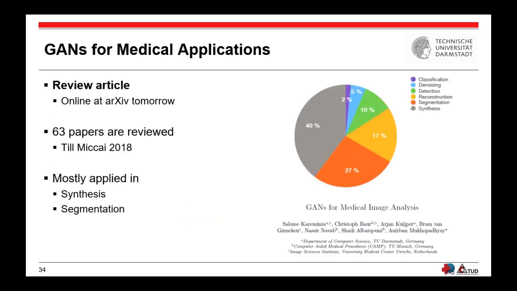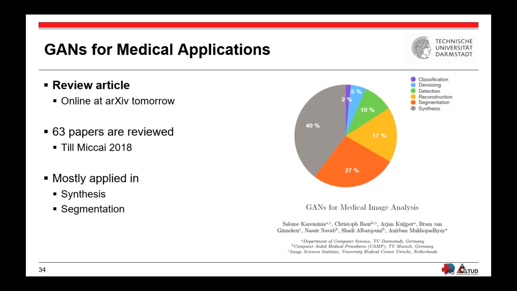All right? Now the most interesting part for this audience is GANs for medical imaging applications. There are quite a lot of applications that have been going on. I introduced just briefly two of them, but there are many others.